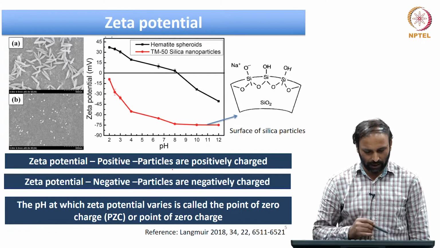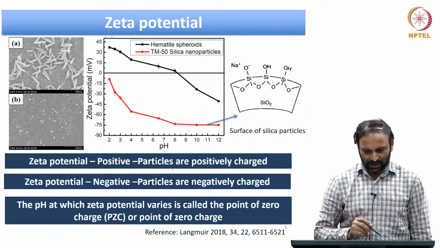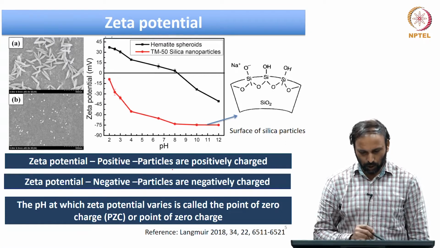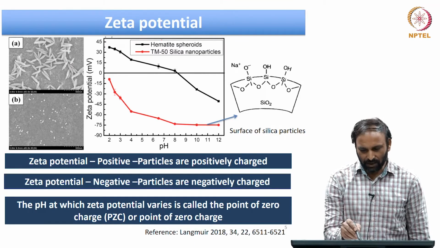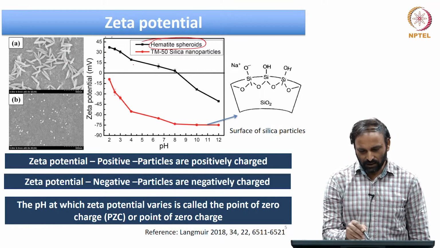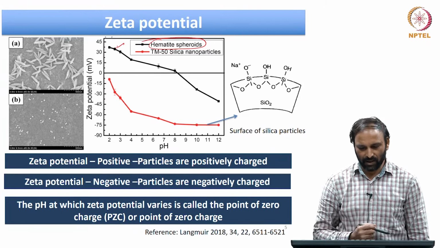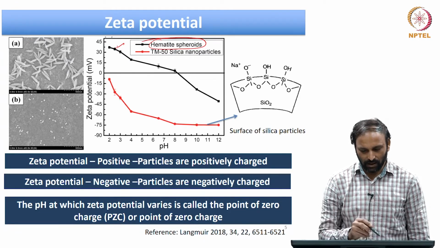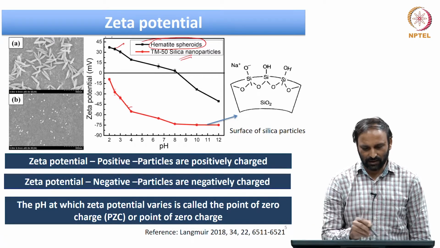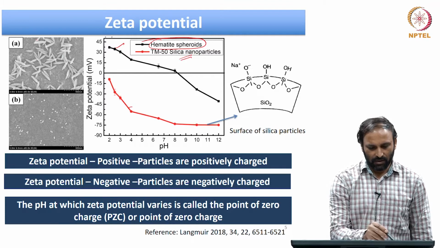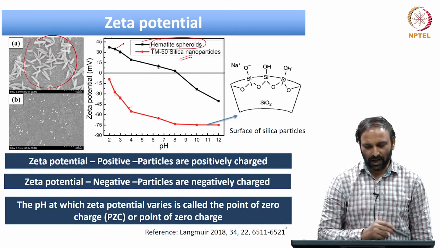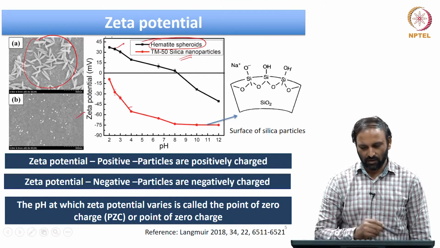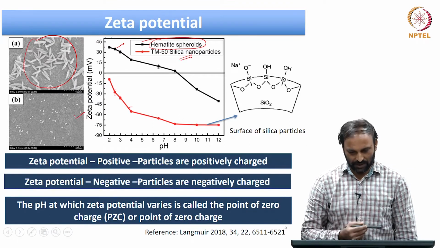So, what you are looking at here is zeta potential measured for two types of particles. One is hematite spheroids, given by the black line, and silica nanoparticles, given by the red line. And the corresponding SEM micrographs of the particles are given as well.